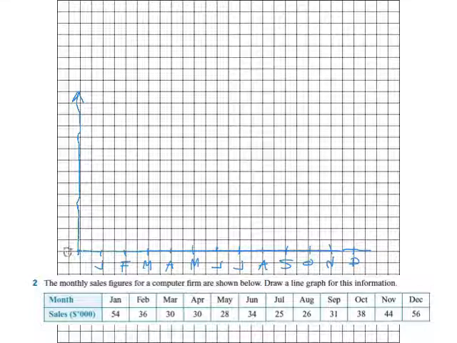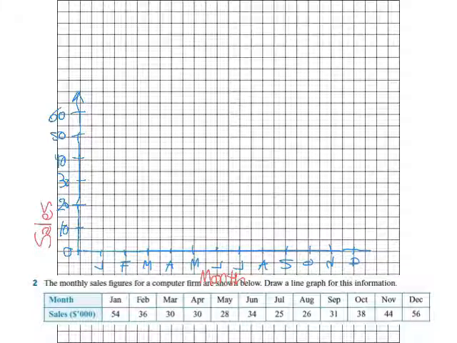So we've got 0 at the bottom, 10, 20, 30, 40, 50, 60. And we also need to ensure that you have the labels. So at the bottom, we're going to be writing month, and on the vertical we're going to be writing sales in thousands of dollars.